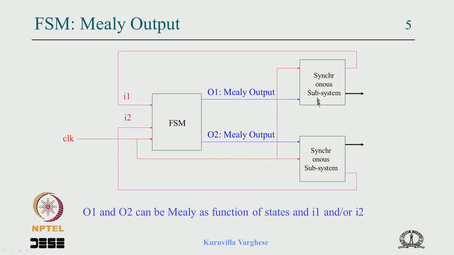As I said, it could be registers, counters and all working on the same clock, then some output is coming, and we can now generate this particular output of the FSM as a function of these synchronous inputs. So wherever you have synchronous input you can generate the output as a Mealy type output, which will have better timing. It comes earlier, and it has a smaller number of states and so on.